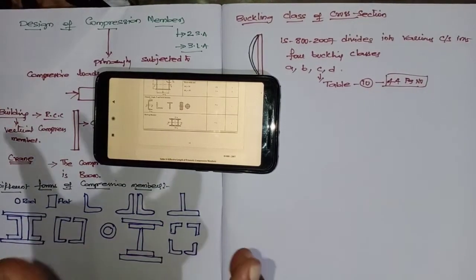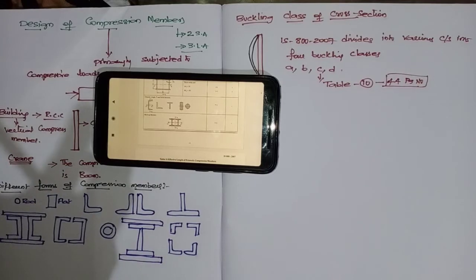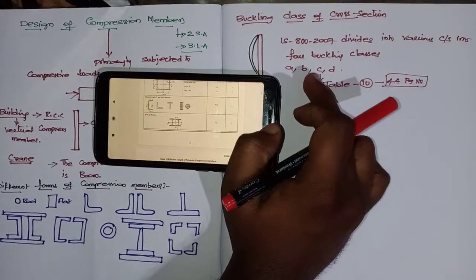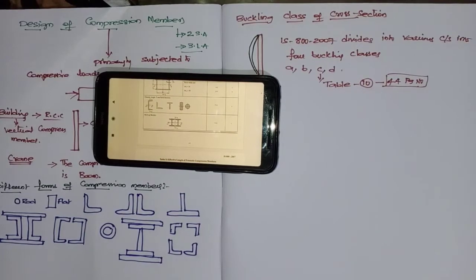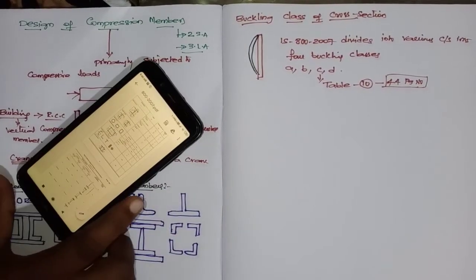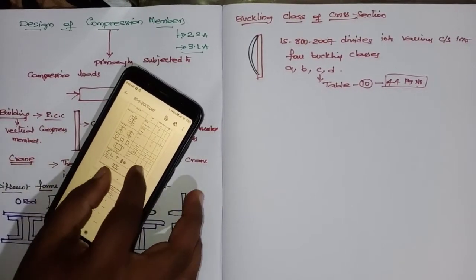Now while doing the procedure for determining the compressive strength, or designing the compressive strength, we will be trying to decide what is A, what is B, what is C. Just to remember from where you are going to get these, I am explaining, right? Table number 10. So this is the tabular column.